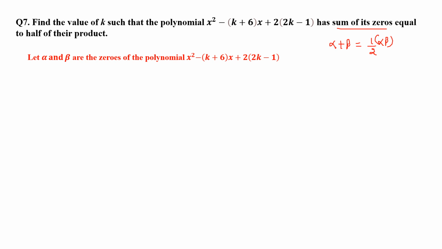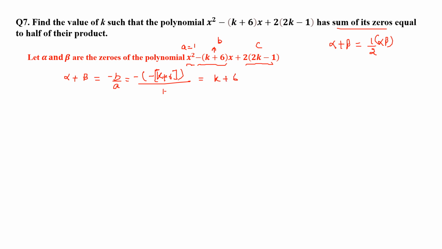Using this relation we have to find the value of k. First let's find the value of alpha plus beta, which is equal to minus b by a. Again a is equal to 1, this is your b and this is your c. So alpha plus beta is minus of minus k plus 6 by 1, which will give you k plus 6.